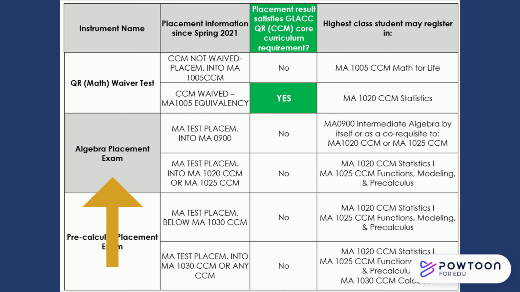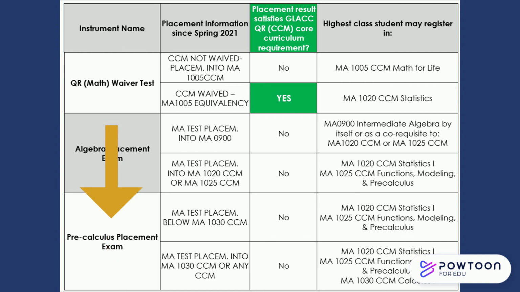This means that if the student needs to take a math course that has algebra as a pre or co-requisite, including statistics and functions, modeling, and precalculus, the student will be required to take that algebra course. The second result indicates that the student has successfully tested out of algebra and can move on to courses with algebra pre or co-requisites without taking an algebra course.